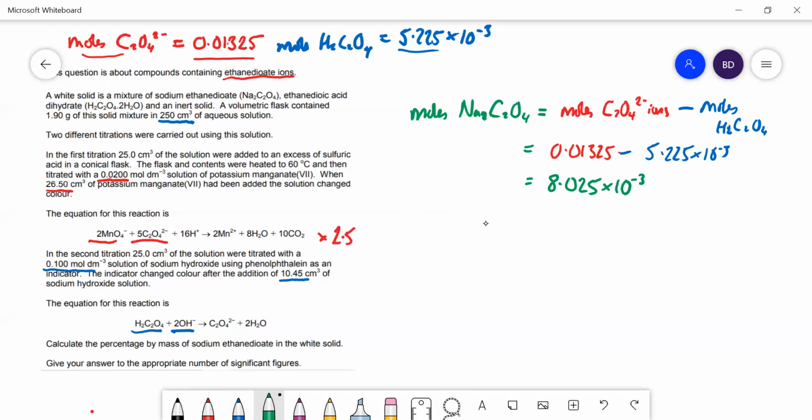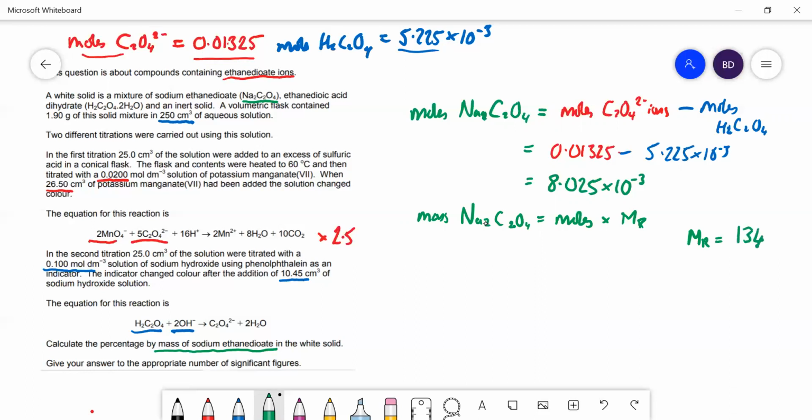Okay, so we know the moles of that. Now we need to work out the percentage mass of sodium ethane dioate, so we need to work out the actual mass of that. The mass is equal to the moles times the Mr. The Mr of sodium ethane dioate is 2 times 23 for the sodium, 2 times 12 for the carbon, 4 times 16 for the oxygen, and that comes to 134.